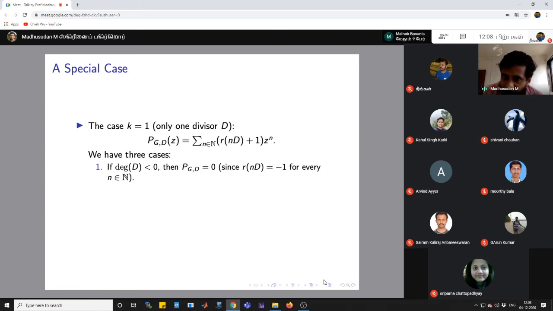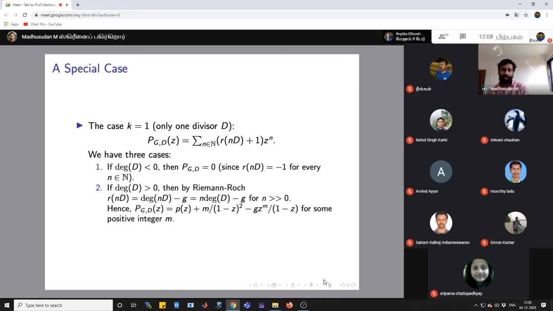Because your divisor has negative degree, and you're looking at non-negative multiples of your divisor in the formula for the Poincare series, so these non-negative multiples will also have negative degree, and the rank of a divisor of negative degree is -1. So the -1 will cancel with the +1 in the Poincare series, and so you get all coefficients 0. So this is a very easy case where the degree is negative. That's the trivial case, so to speak.